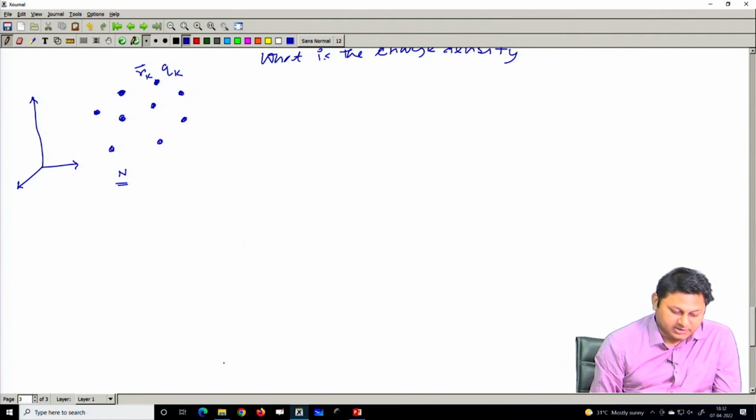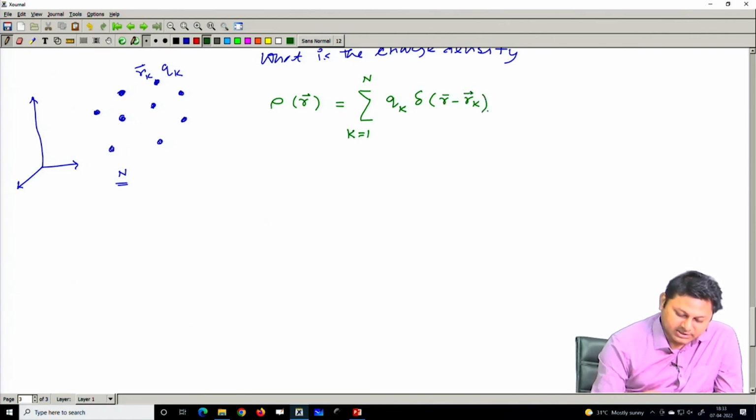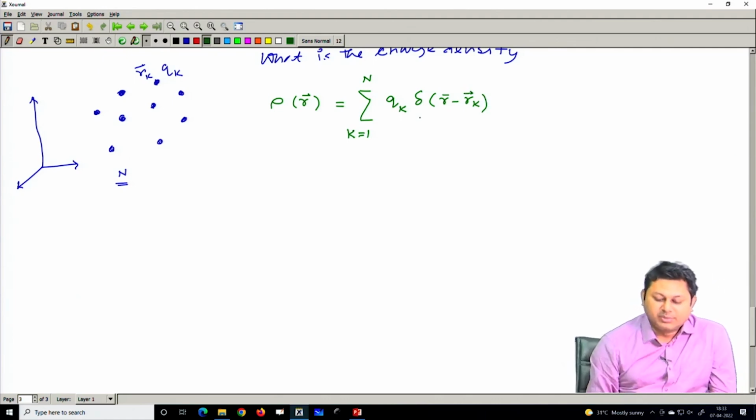I try to find the charge density, which we defined earlier with rho, and it can be represented as follows. The sum over k from 1 to n of the charges, each associated with a delta function of r minus r_k. At each point r_k we have a charge, and if you make a sum over that, then eventually we are going to get rho.